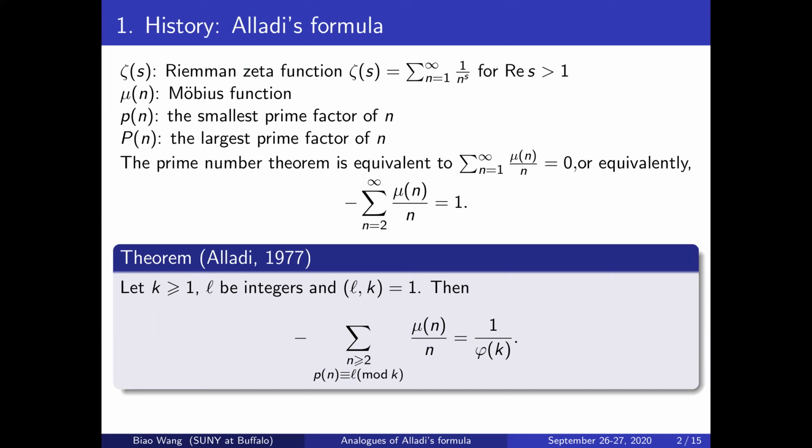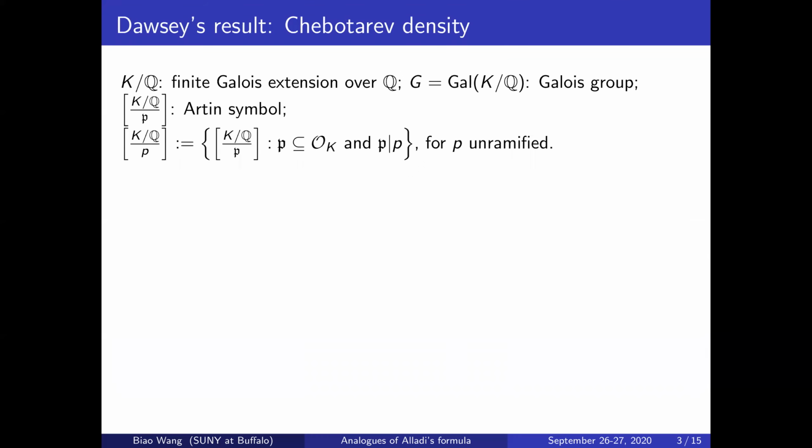Dawson first generalized these formulas to the setting of Galois extensions. Let's look at what they did. Here are some notations. K over Q is a Galois extension over Q, and G is its Galois group, and K over Q over script P is an Artin symbol, which is an element in the Galois group that corresponds to the Frobenius map.